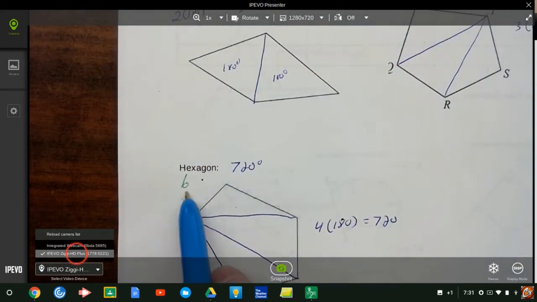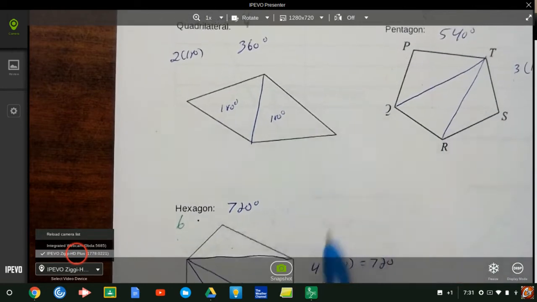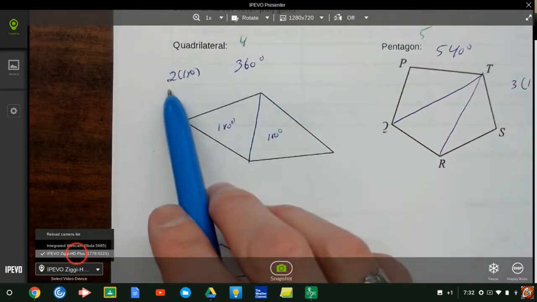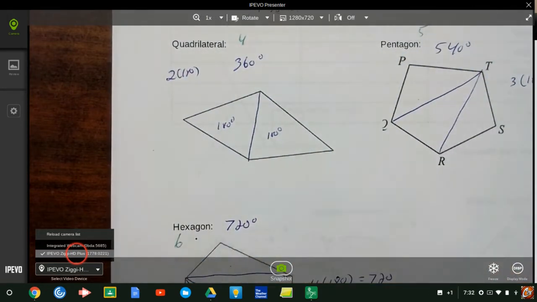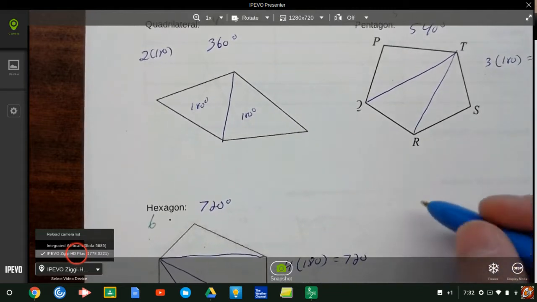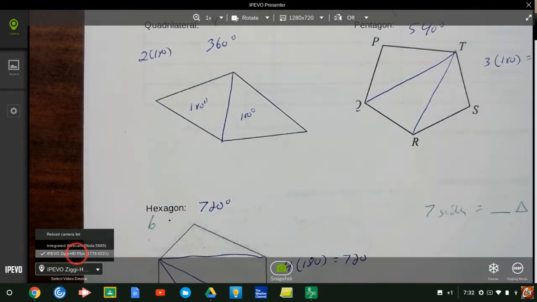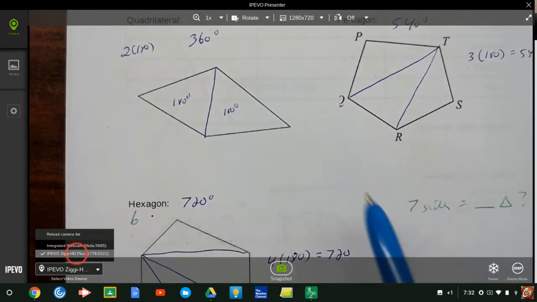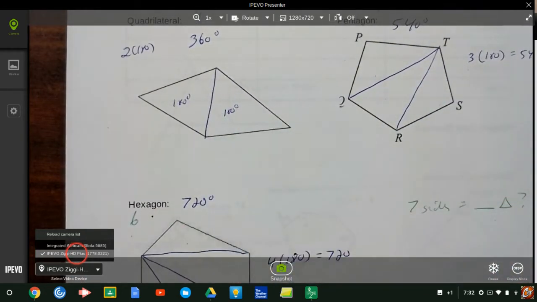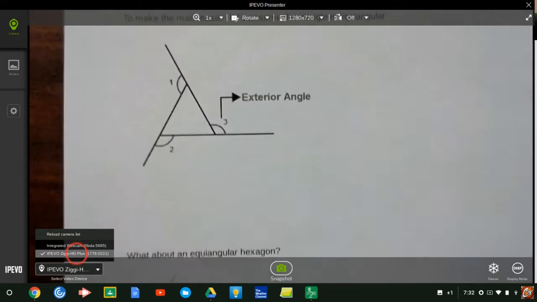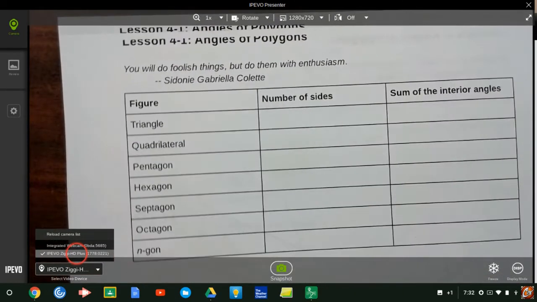So how does the number of sides relate to the number of triangles? 4, 2, 5, 3, 6, 4. Think about that for a second. How many triangles would you get if I had 7 sides? Now, if you notice that each time I'm 2 less, then you'd say, well, if you had 7 sides, that's 5 triangles.